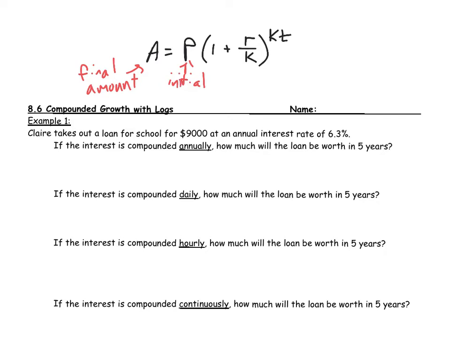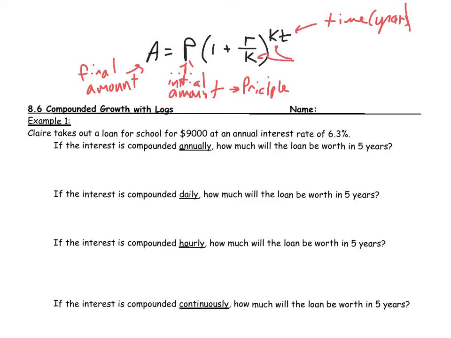Okay, I forgot an I there. It's also called the principal. Just so you kind of know that. T is time again, and it's always in years for this formula, always in years.